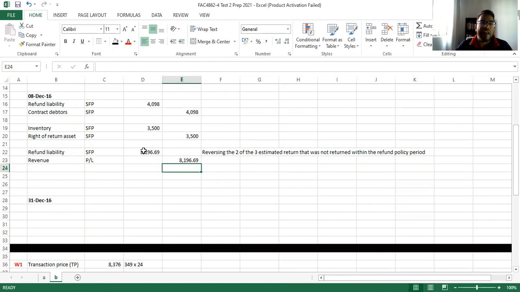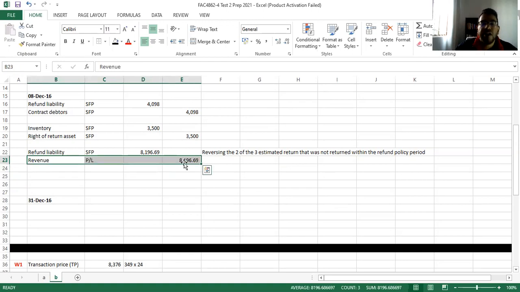On day one, we recognized revenue for 97 computers because we expected 3 computers to be returned. But once the refund period is over, we will recognize revenue to the extent of total sales less refunds. Total sales was 100, refunds was only 1. So revenue should represent 99 sales. By recognizing revenue for these 2 sales, we have revenue now at 99 sales.